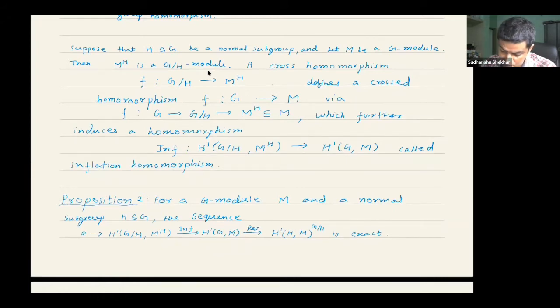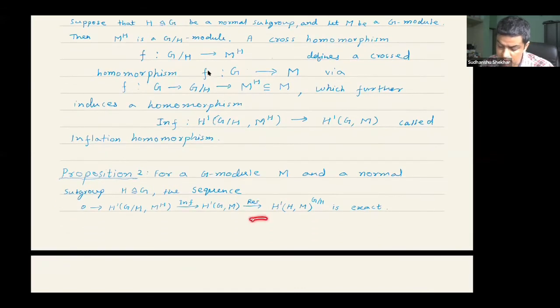The proof is again routine and easy to do. This sequence is also called the inflation-restriction sequence. The first map is the inflation map, and the second one is the restriction map. It says that the kernel of restriction is precisely the image of inflation.